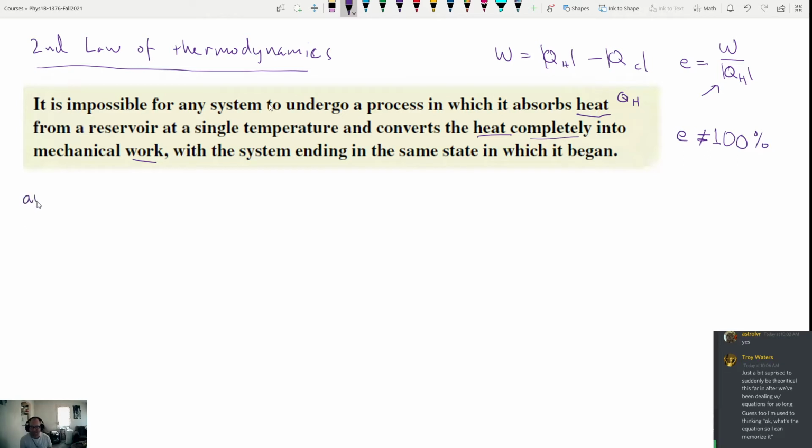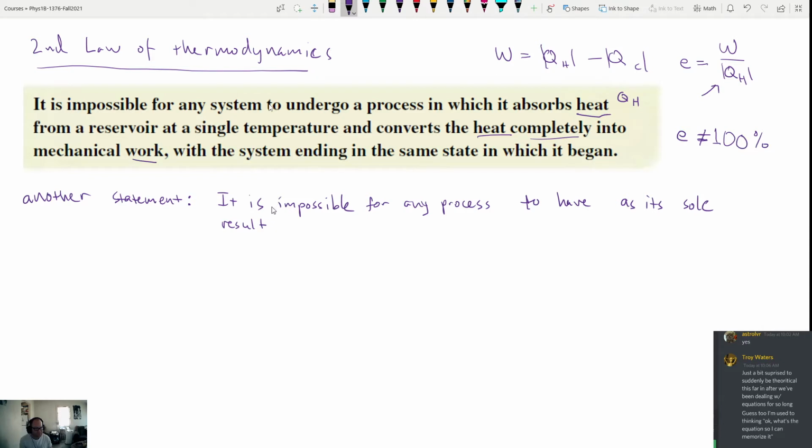Another way to state it is: it is impossible for any process to have as its sole result the transfer of heat from a cooler to a hotter body.